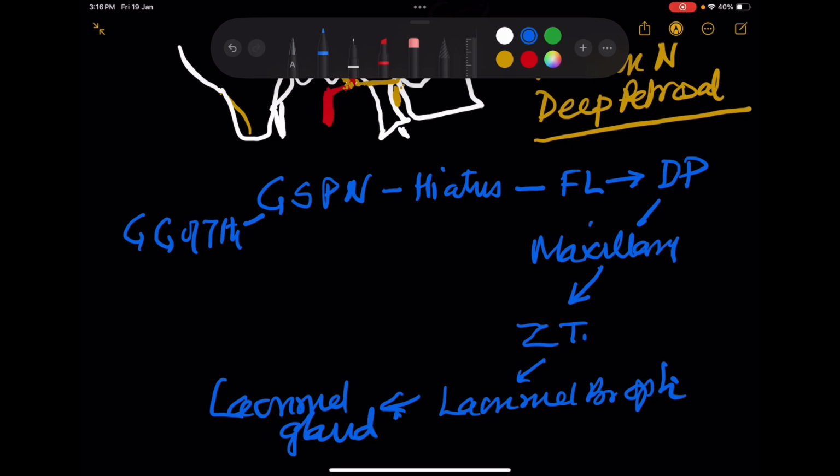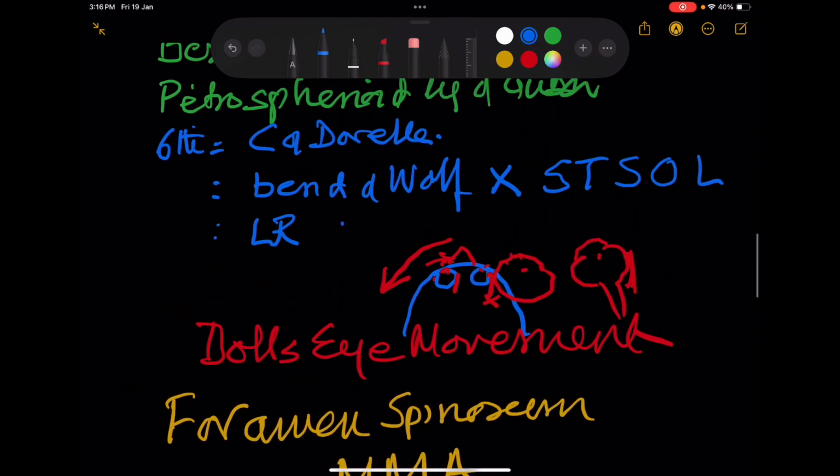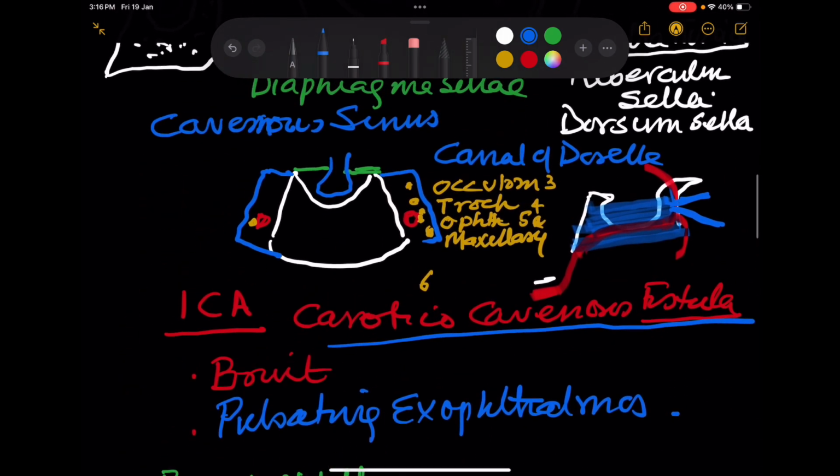I think we have covered all the nuances of the middle cranial fossa by now.